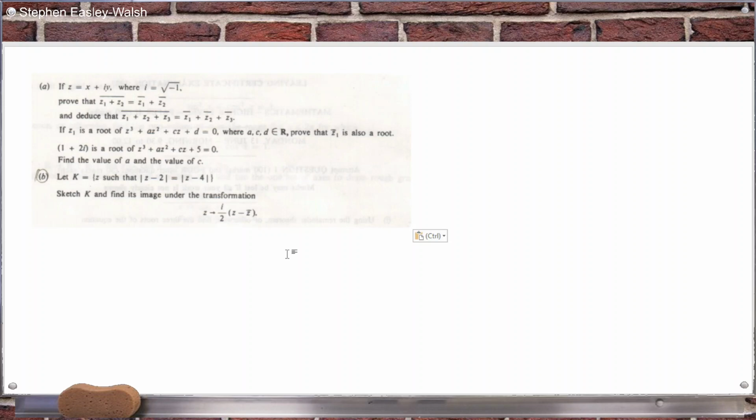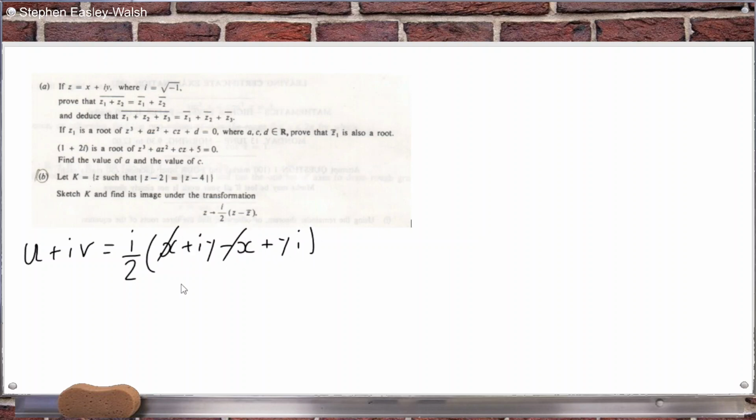Oops, knocked my pen out. Okay, so let's see. U plus iv, that's the new point. That's equal to i over 2 x plus iy, and then minus the conjugate, so that's minus x, and it'll be minus, so it'll be plus yi. Oh, that's interesting.